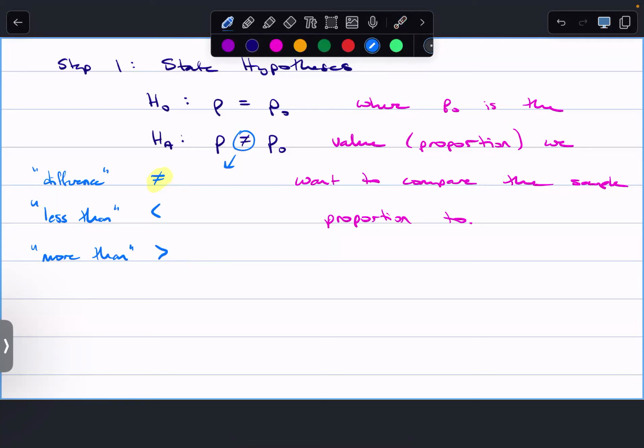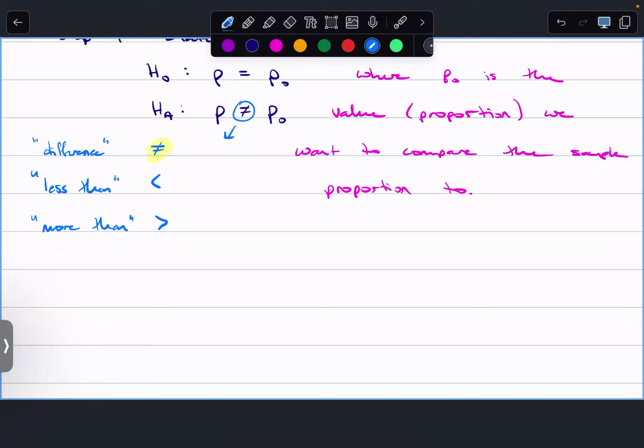This sign determines which area in the tail we're interested in, because later on, we're going to use the probability of seeing something as extreme or more extreme to determine if we can reject H naught or not.